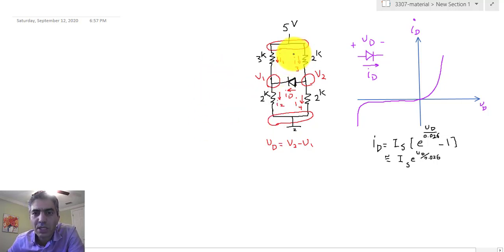So if you want to redraw the circuit like that, maybe that makes the analysis more understandable for you, then do that. But otherwise just leave it like this and you don't have to write KCL for those two nodes.